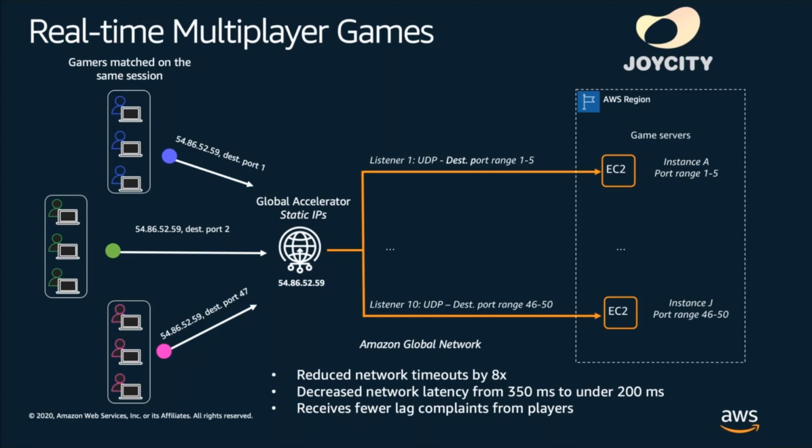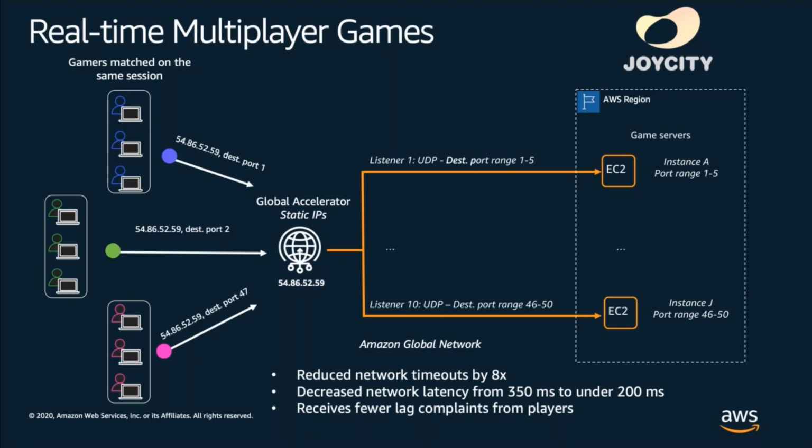They published a case study, so you can look it up with us. They saw network timeouts reduced by 8 times. The network latency on average went down from 350 milliseconds to under 200 milliseconds, and that's an average of everything that they've seen. And they just started seeing fewer complaints from their players about lag and the overall quality of experience.